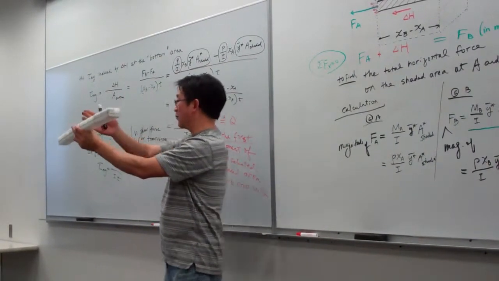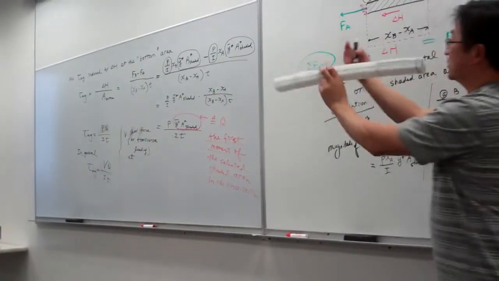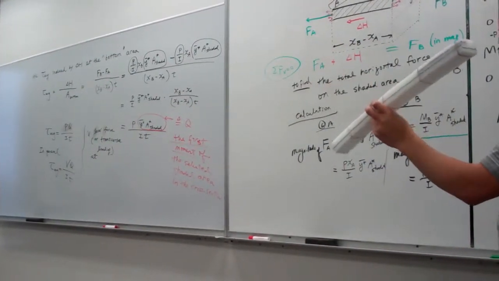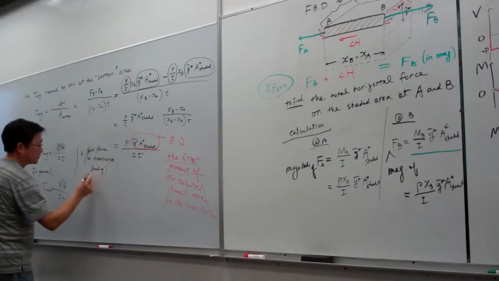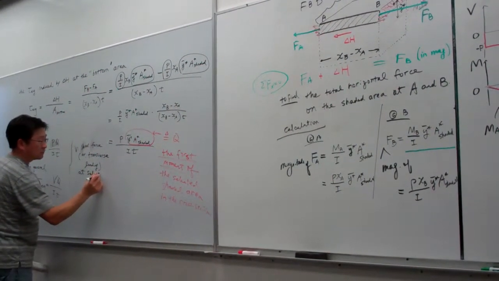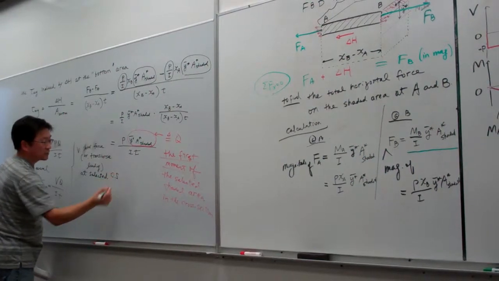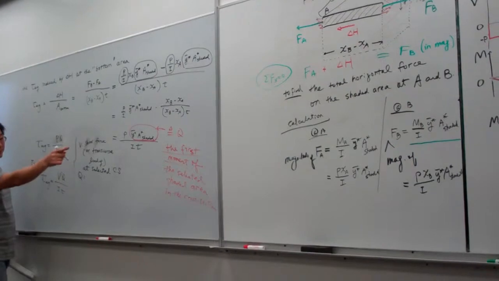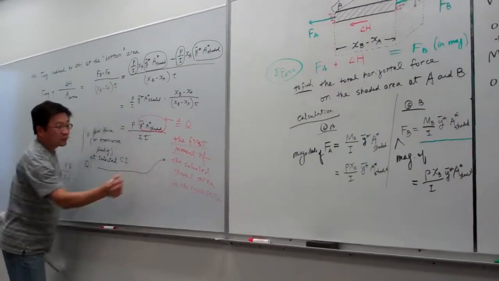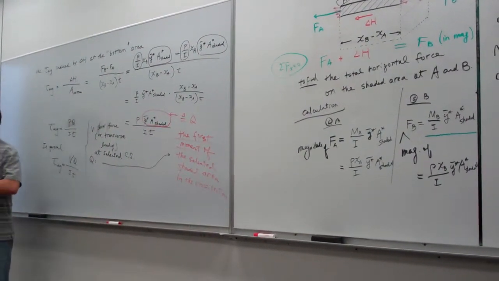Right now we pick two cross sections, 1 and 2. Q is the first moment of the shaded area.